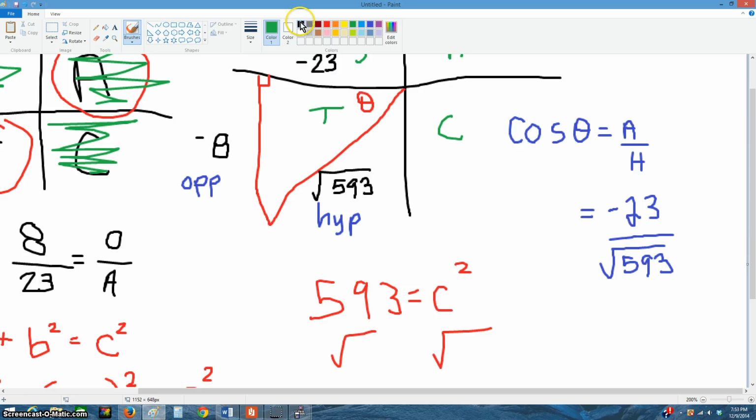Now, just because maybe it is a computer-generated test, so if you have a square root on the bottom, let's go ahead and just rationalize it. So 593 radical over radical 593.